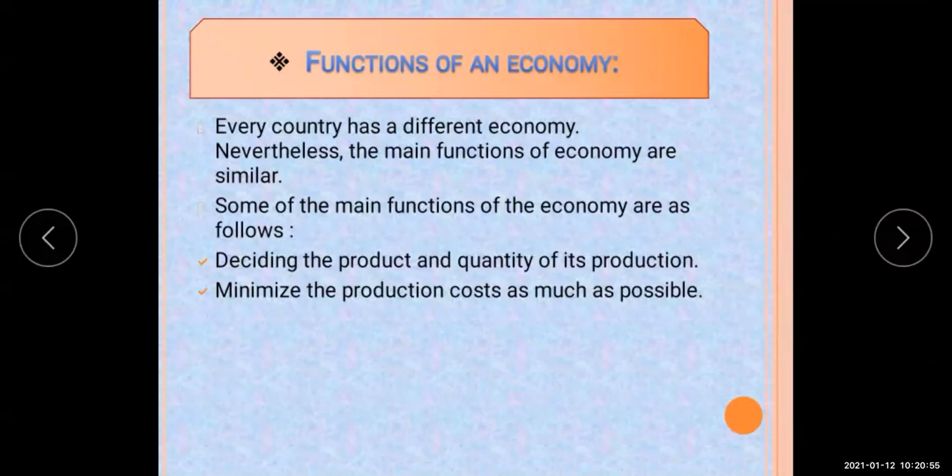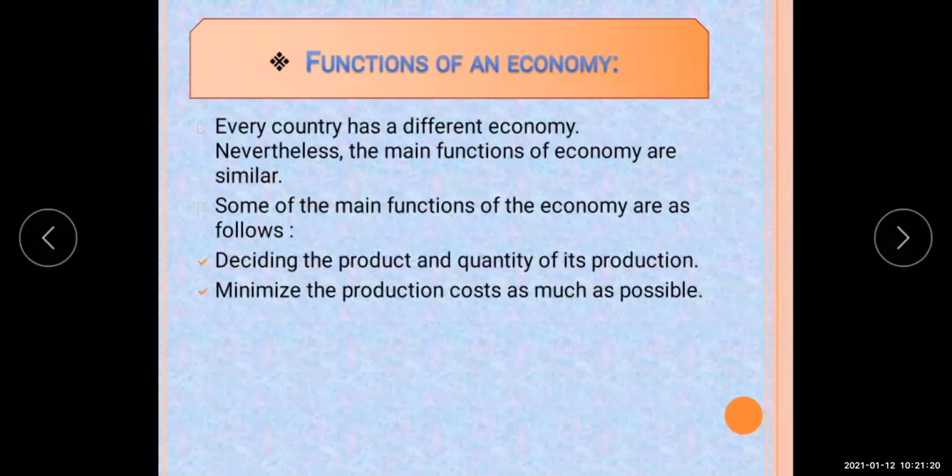First, let's think like a businessman. We have lots of capital, lots of money in our hand. Now you are thinking that you have to start one business in your area. If we start thinking as businessmen, then we will be able to understand these functions of economy in a good way.